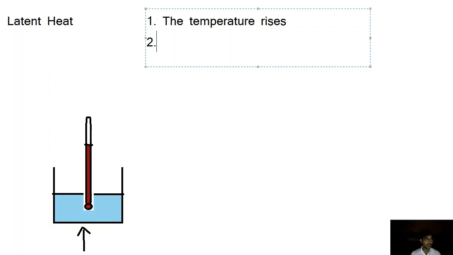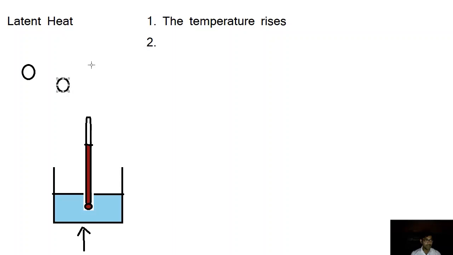Now, do you remember the nature of the particles inside the liquid? Inside the liquid, the particles are not bound to any mean position. Rather, they are free to move about within the volume of the liquid.